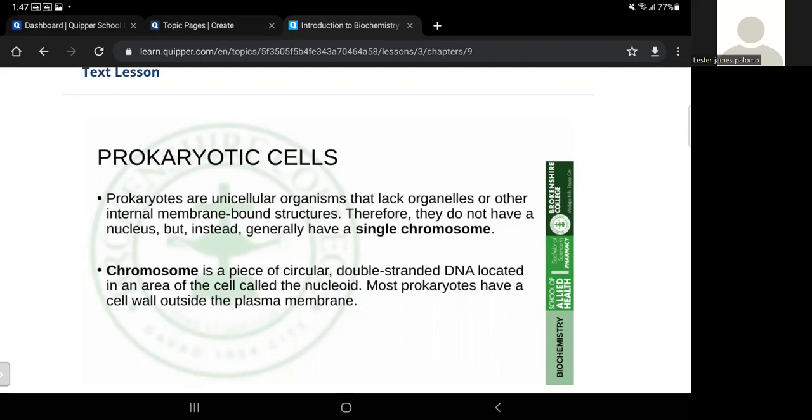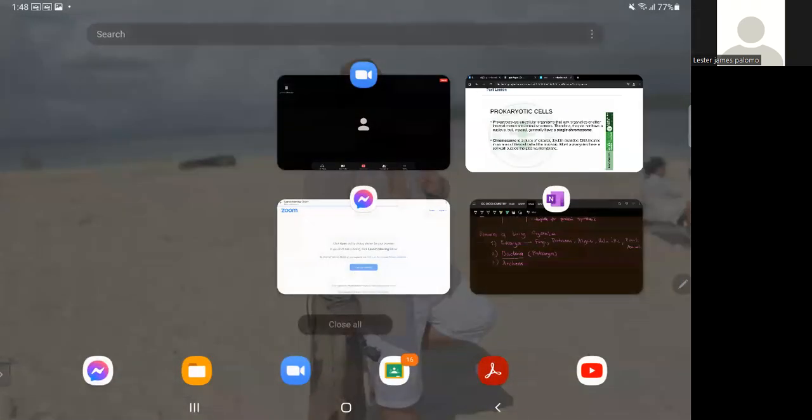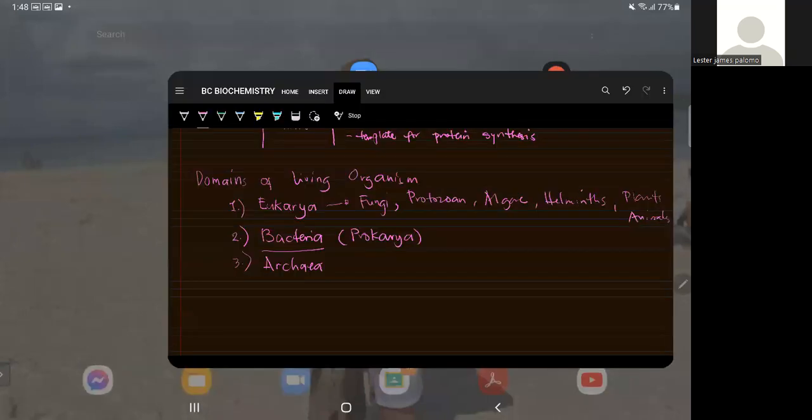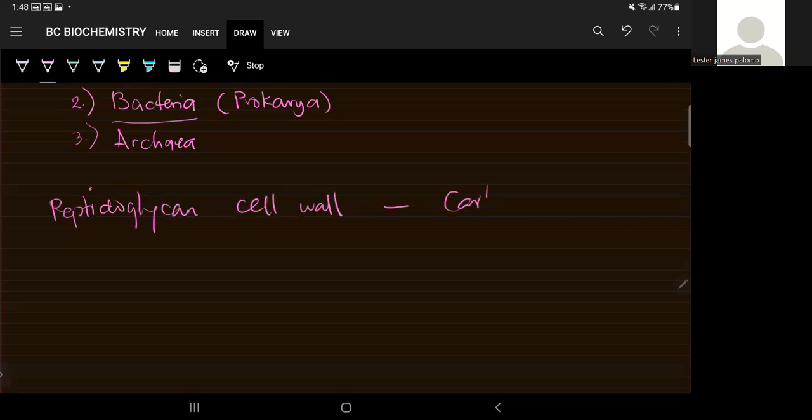Okay, the composition of the peptidoglycan cell wall is that it comprises mainly carbohydrates and proteins.